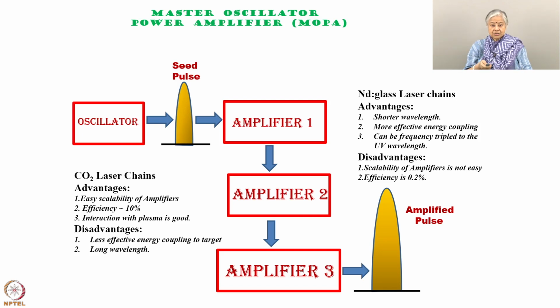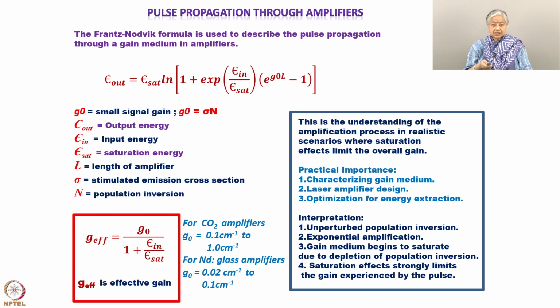Now, let us go to the next part. Here you must understand how the pulse propagates through the amplifier. The amplification process is not very much different from what happens in an oscillator, which I described in my previous lectures.